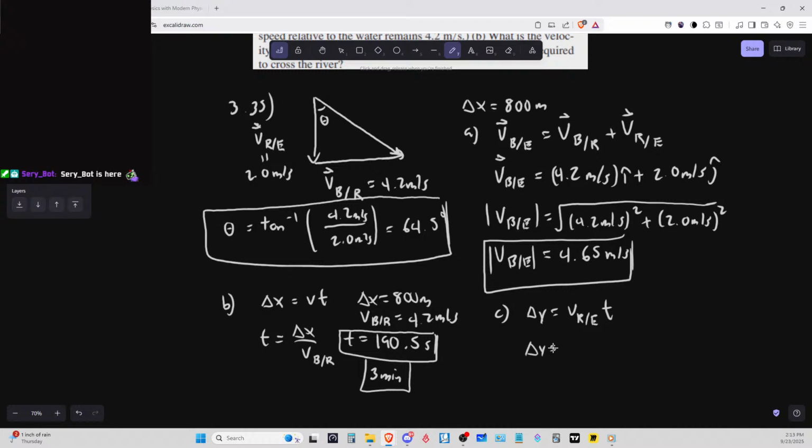So then 190.5 seconds gives 381 meters. And I think those are the answers for the first one.